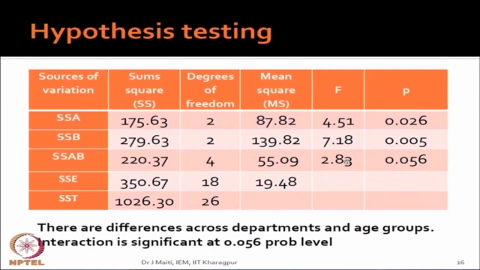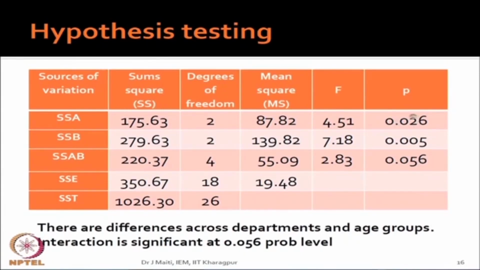The F statistic values are 4.51 for factor A, 7.18 for factor B, and 2.83 for the interaction AB, and these are the probability values which we got from the F table.